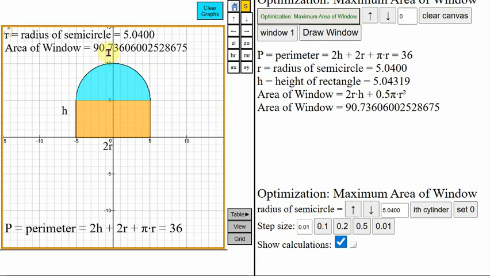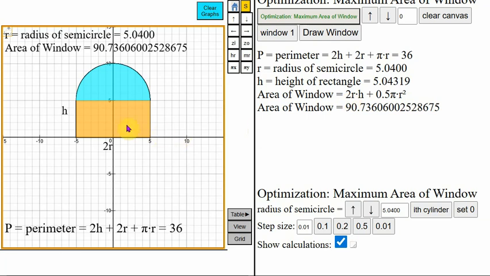So it looks like if the perimeter is 36 feet, then the maximum area is when the radius is about 5.04 and the height is also about 5.04, and the corresponding area is 90.736. So to get maximum area, the radius and the height look like they have to be about the same.